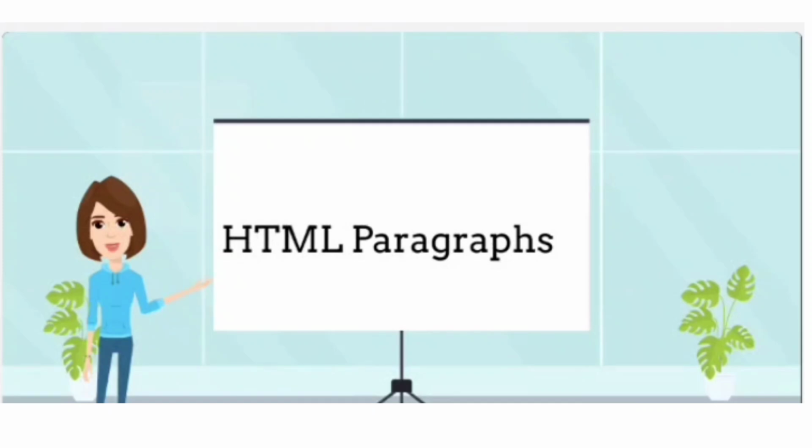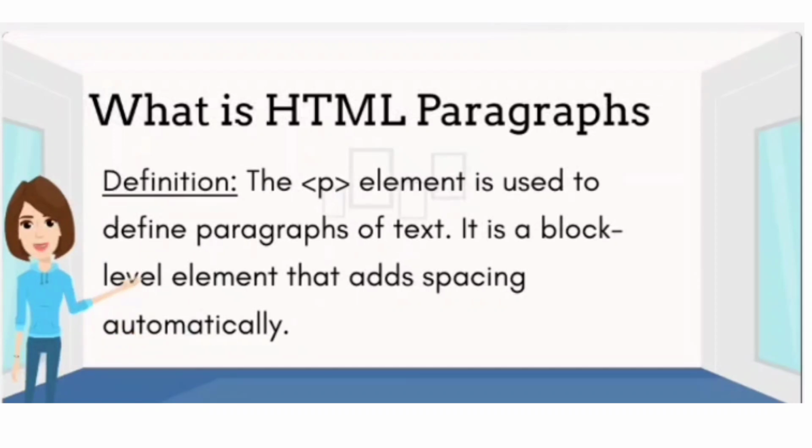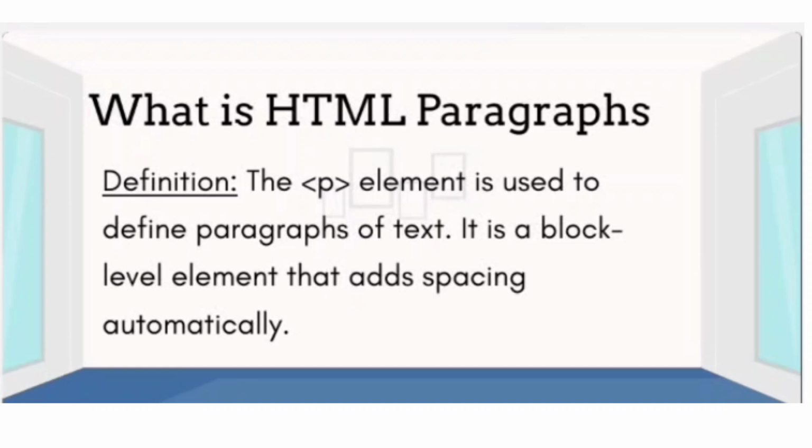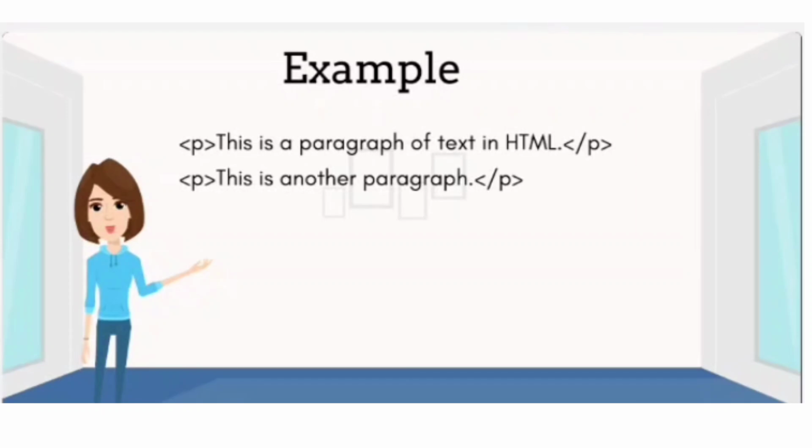The next topic is HTML paragraphs. What is HTML paragraphs? Definition: the P element is used to define paragraphs of text. It is a block-level element that adds spacing automatically. Here is an example to illustrate this.